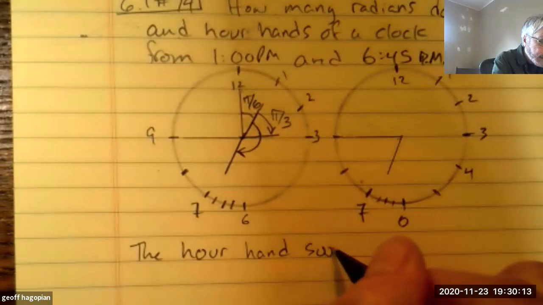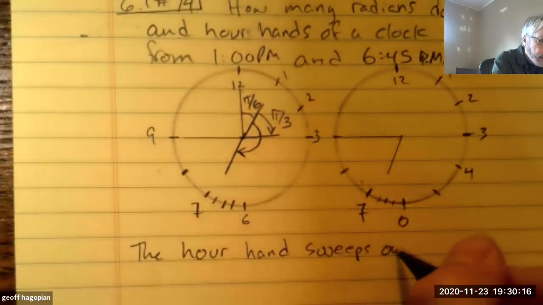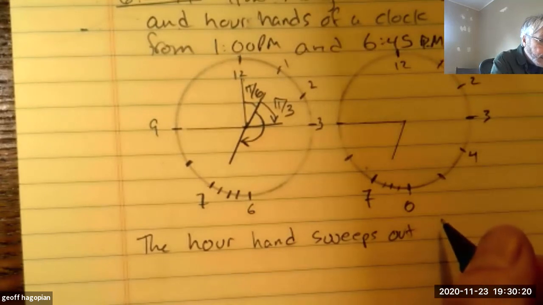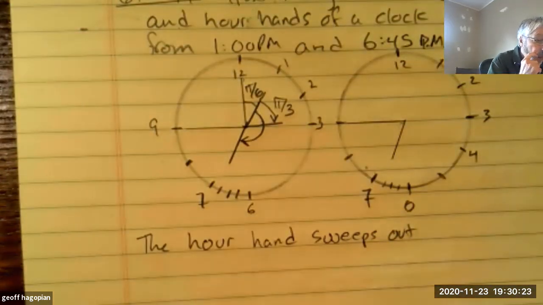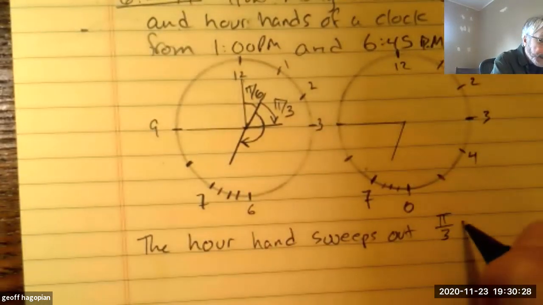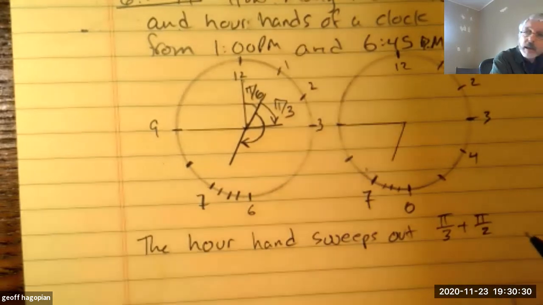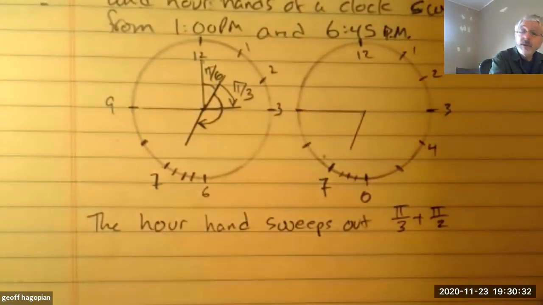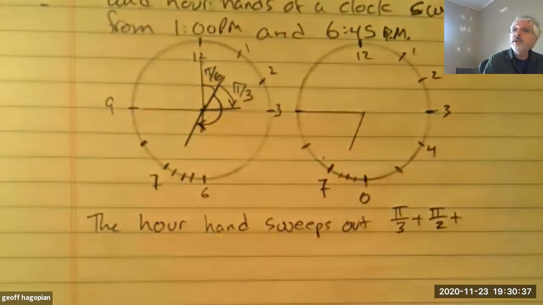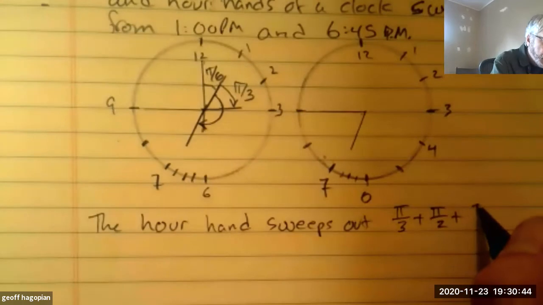Okay, so it sweeps out, I don't know, I'm going to say pi over 3. I'm probably doing this dumbly, but sometimes that's the way I know how to do it. Plus, so you got that right angle there. So pi over 3 plus pi over 2 plus what? 3/4 of pi over 6. Yeah, 3/4 of a pi over 6, right?